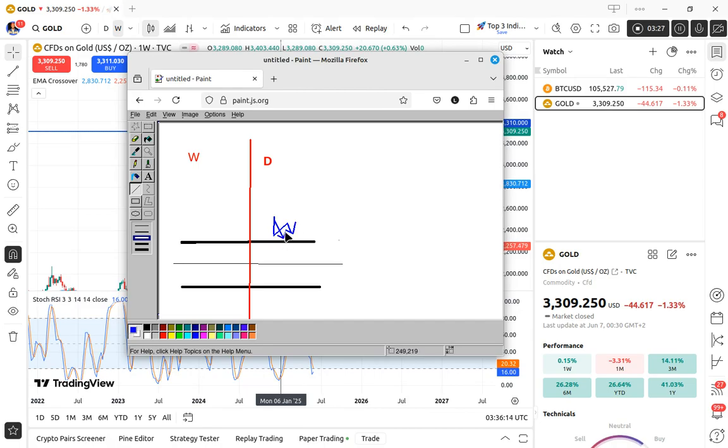Now, in technical analysis, this is called an overbought zone. And then on the weekly chart, it's going to be like this.